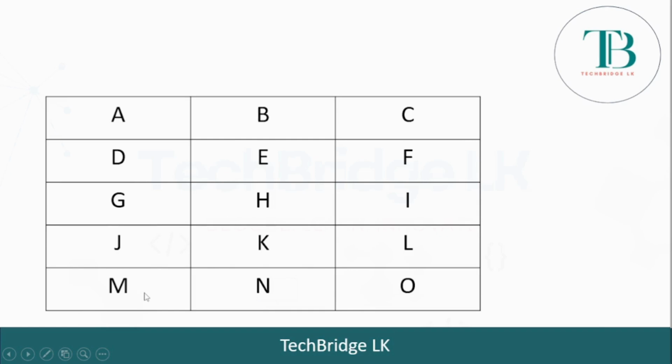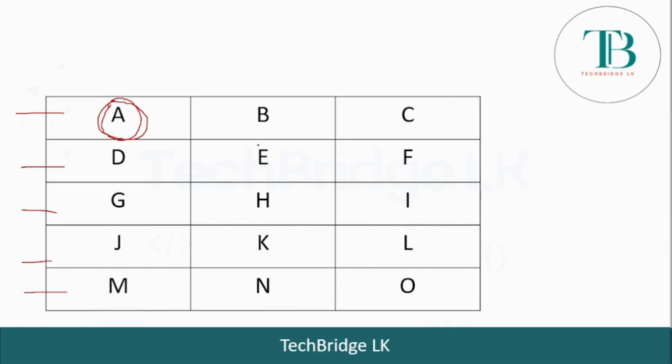In here, if you take a cell, for example this A, a cell means this A is the first data of the first row. That means this is the first row, this is the second row, third row, fourth and fifth. A is the first data of the first row.